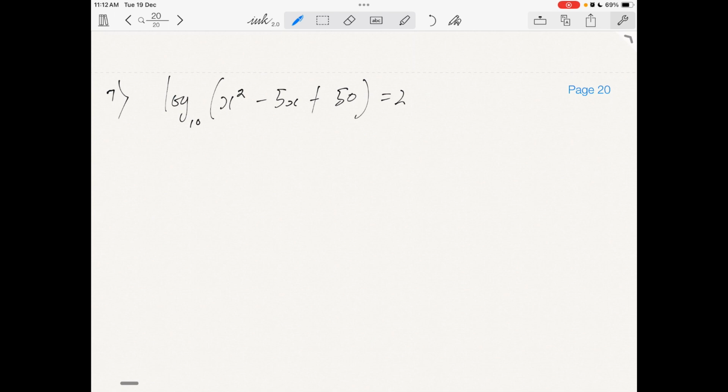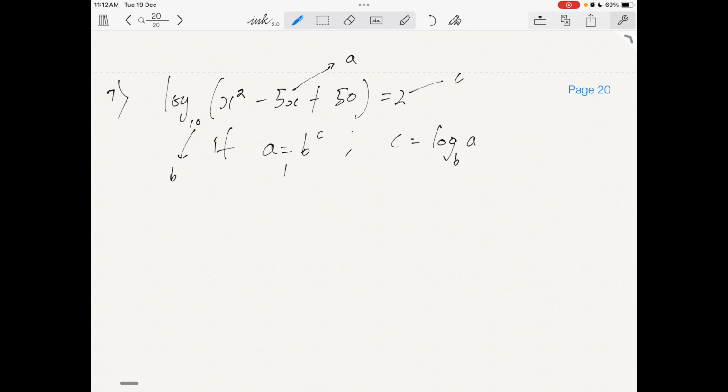In this case also we apply our rule that if a is equal to b raised to power c, then c is equal to log to base b of a. So in this scenario, my 10 is b, my 2 here is my c, and this one is my a.